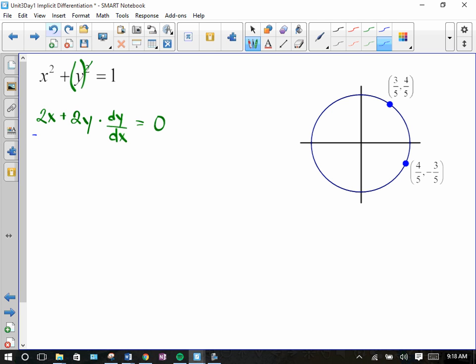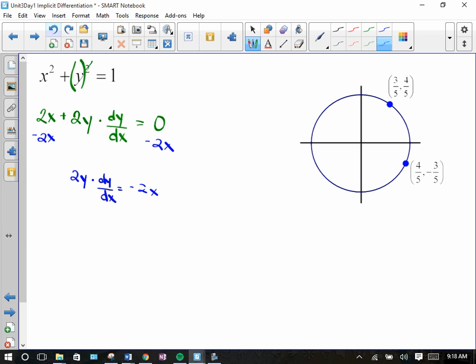Let's subtract 2x. That leaves us with 2y times dy dx is equal to negative 2x. Good. What can we do to get dy dx by itself?